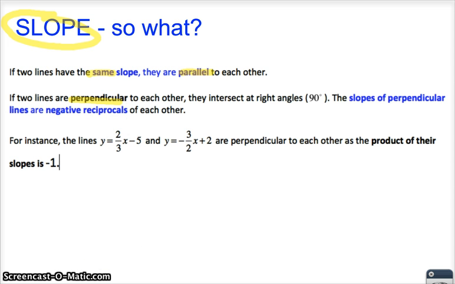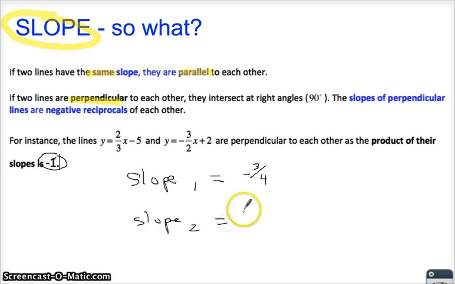For lines that are perpendicular, they have to have slopes that multiply to make -1. So if the slope of one line is -3/4 and the slope of another line is +4/3, guess what?